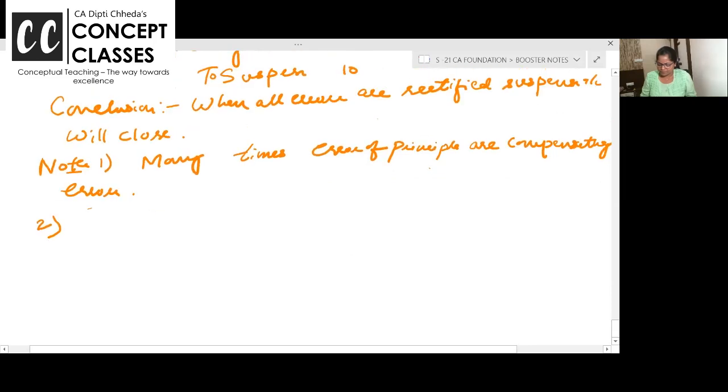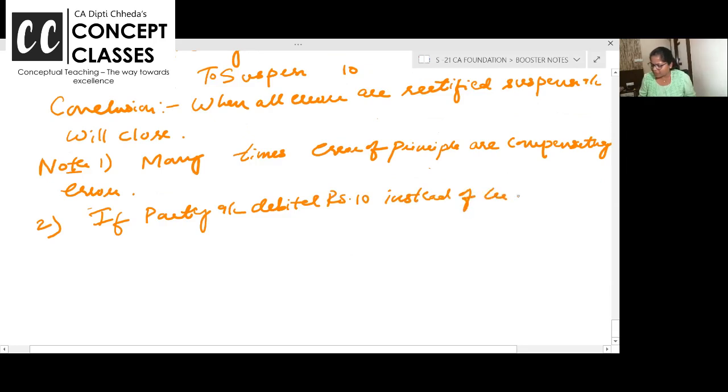Second note, write down. If party account is debited ₹10 instead of credit, then credit party account with ₹20.